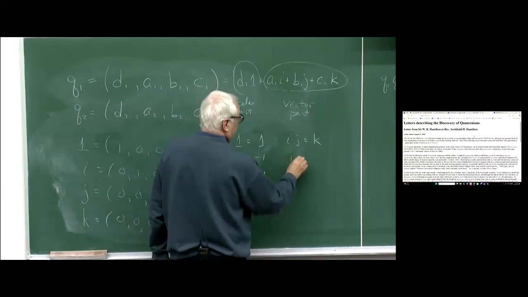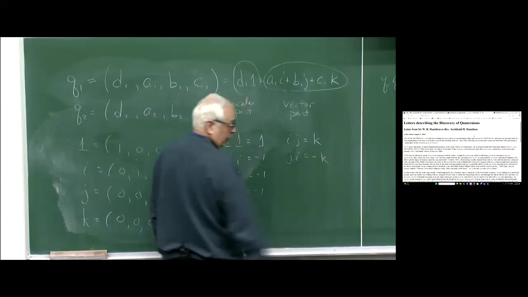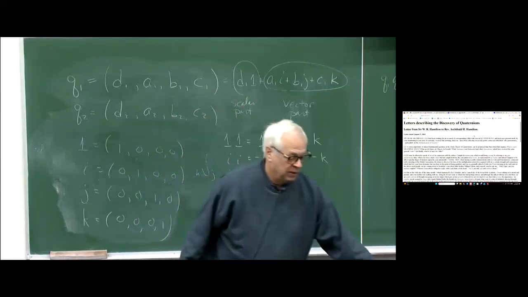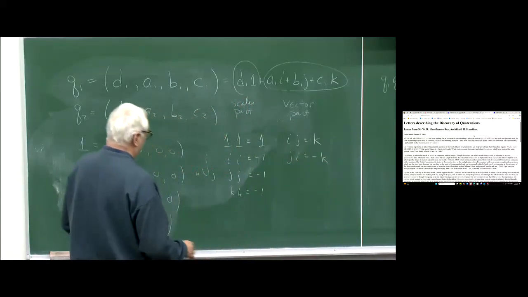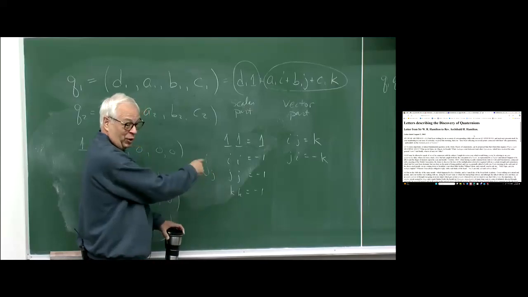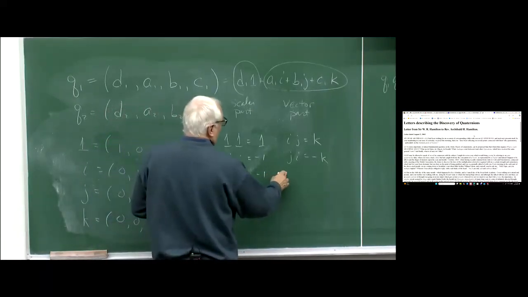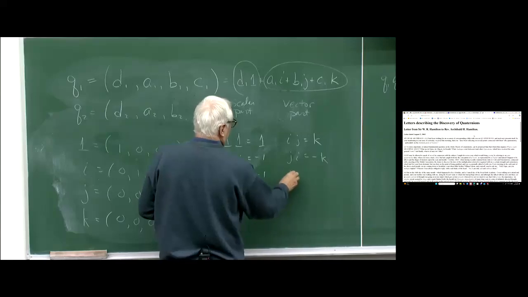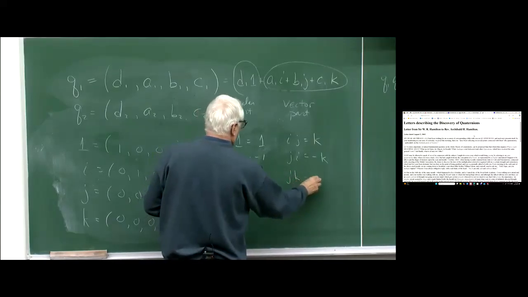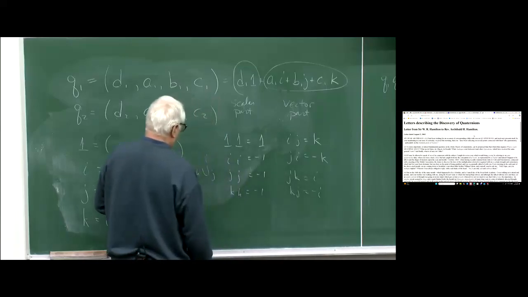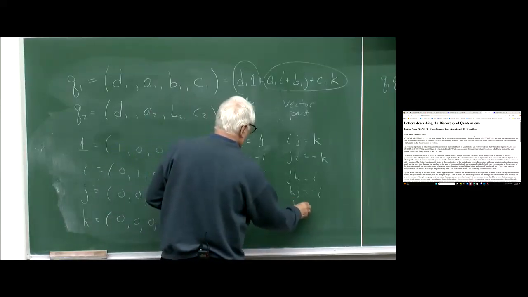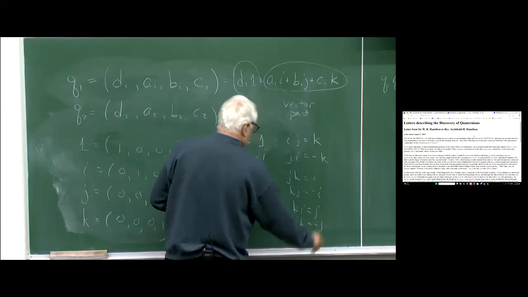But j times i is going to be -k. Again, these aren't vectors, but I wrote what I do when I do cross products on vectors, because that's how I remember the quaternion rules. j times k is going to be i, and k times j is -i. And then what's the last one? k times i is going to be j, and i times k is going to be -j.